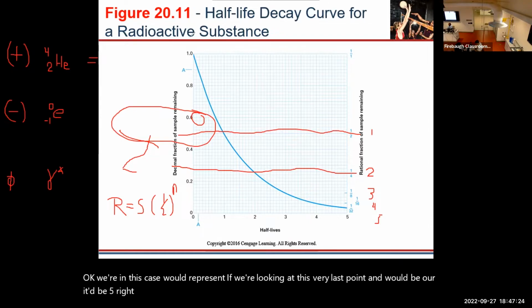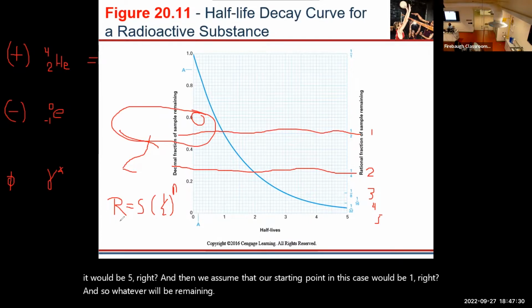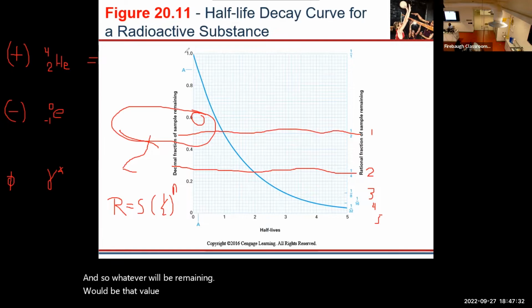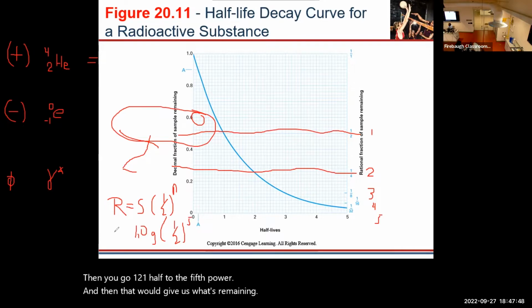And we assume that our starting point is this. And so what I would do is start with 1 gram. Then you go 1 to the power. And then that would be this equation. You guys are calculating.